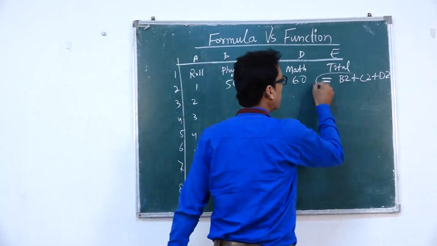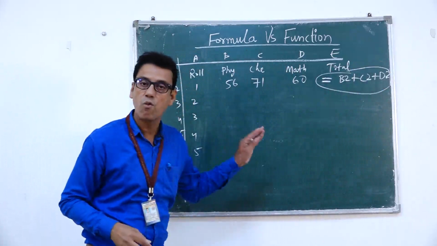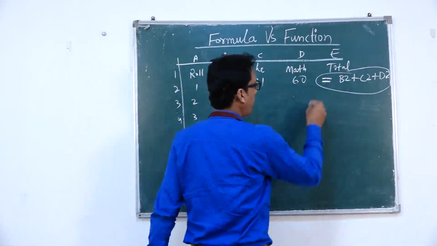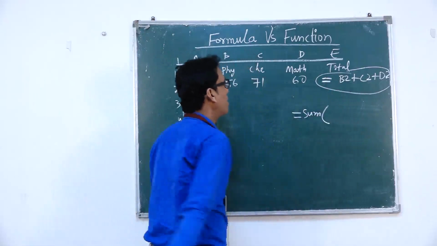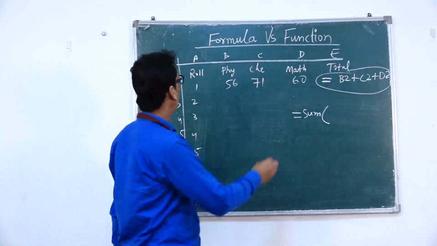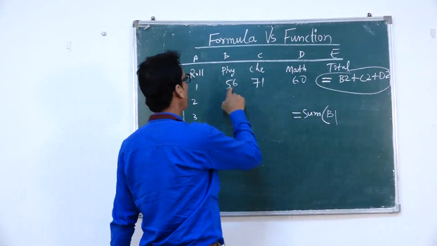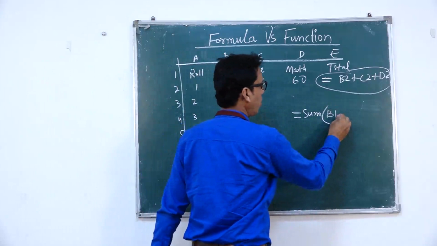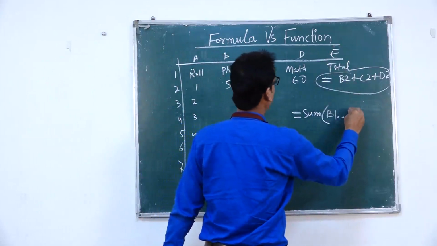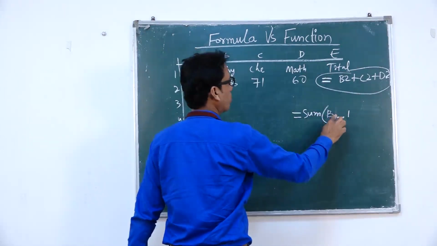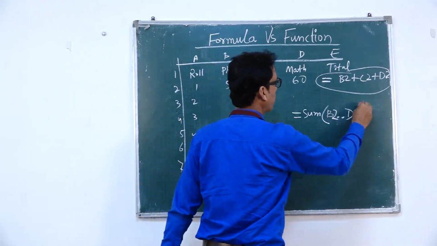Instead of this, we can also get the same work done by typing equals SUM, in brackets, B2 dot dot D2.